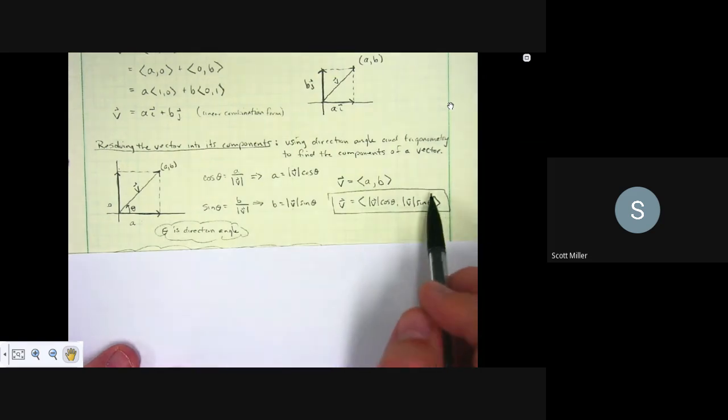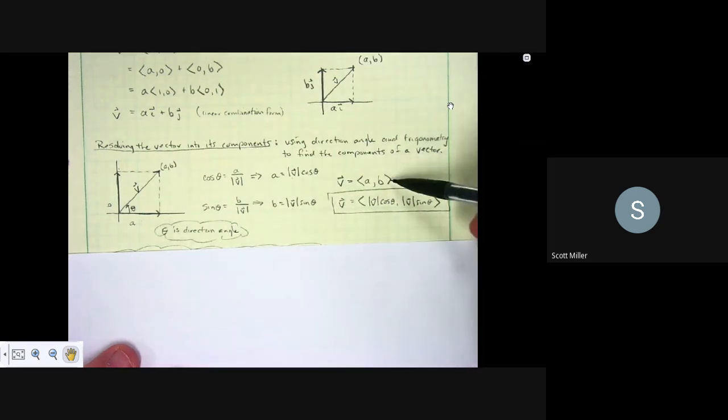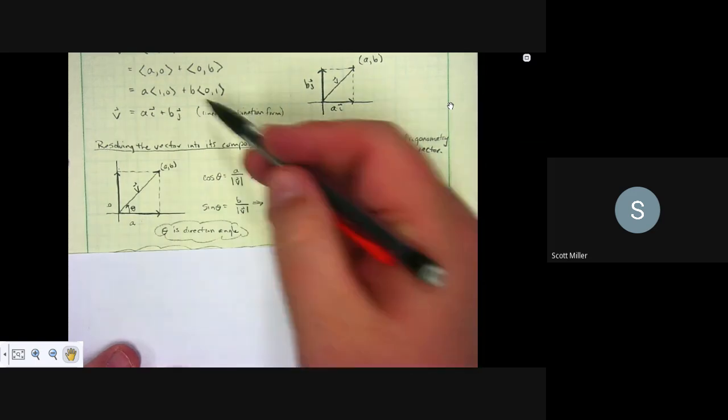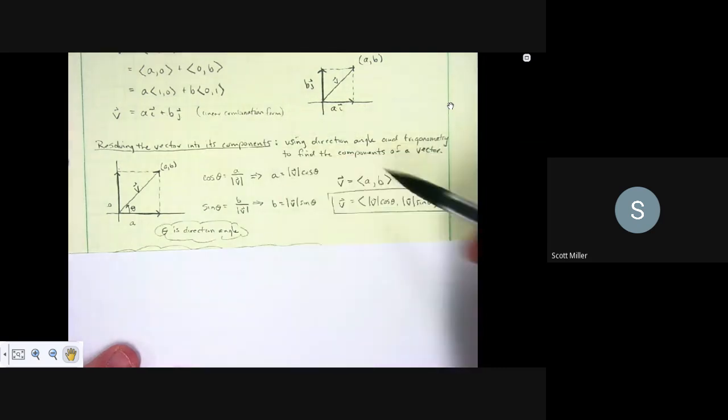So vector V is ⟨a, b⟩ in component form, and trig form is this one. All of these are equivalent ways of writing the same vector, and we want to be able to transform back and forth depending on the information that we have.